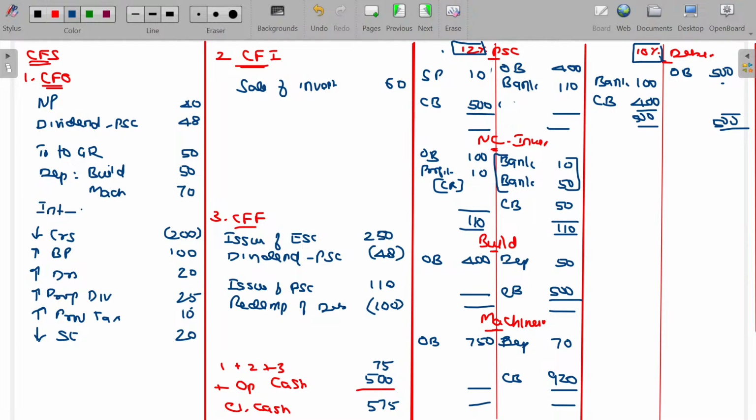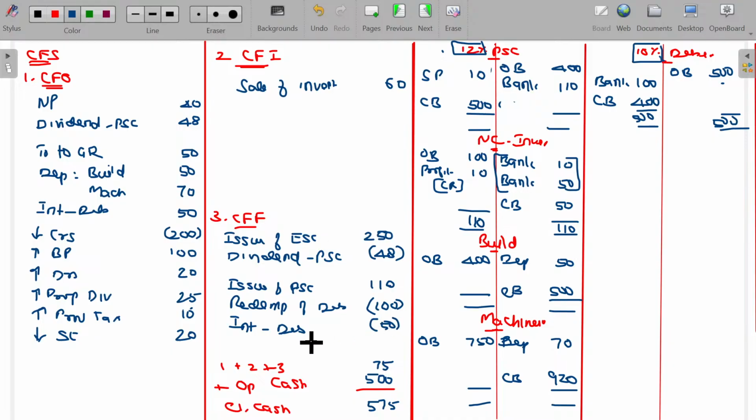Interest on debenture. This interest on debenture is debited to the P&L account, but it's not related to the operation, it's related to the financing. Financing fund requirement, for the fund requirement we are paying. So this interest on debenture should be posted in the cash from financing as outflow of cash.